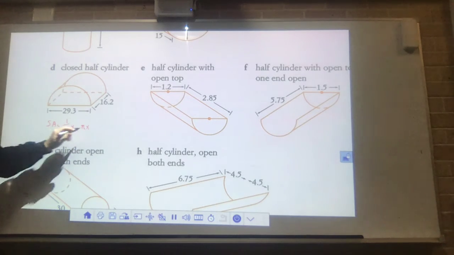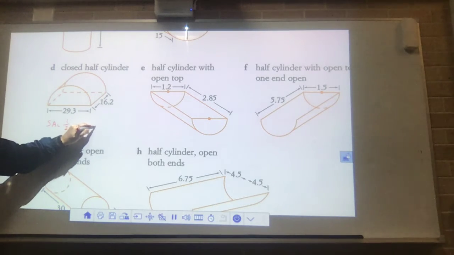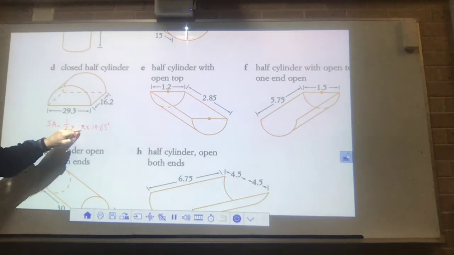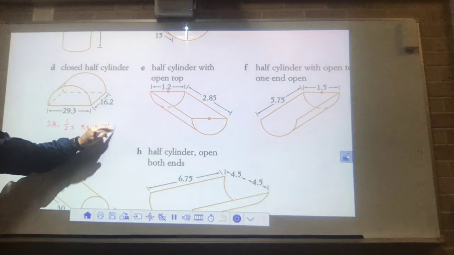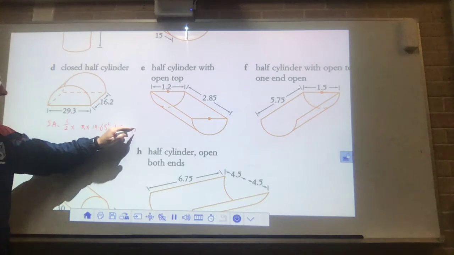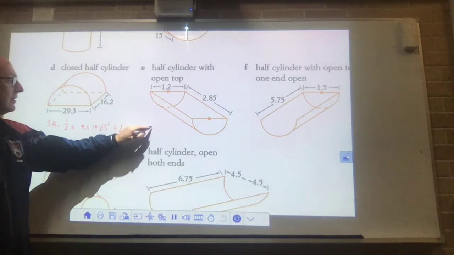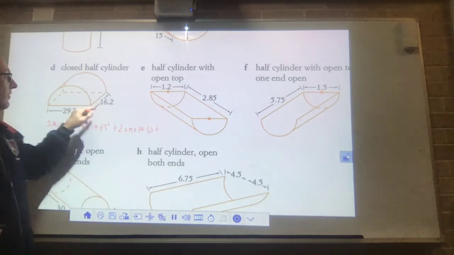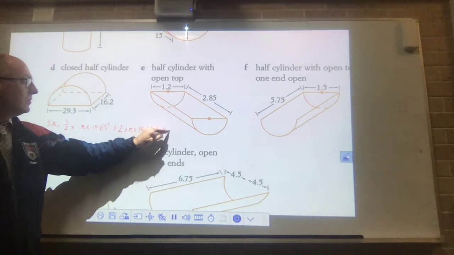So half of 14.65 squared, pi r squared, plus 2 times pi times the radius times the height of 16.2.